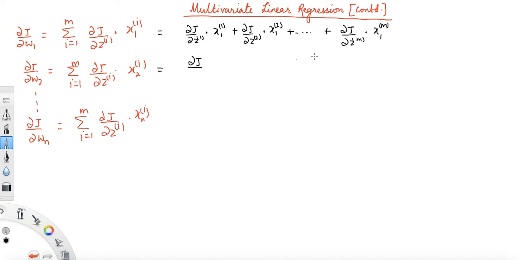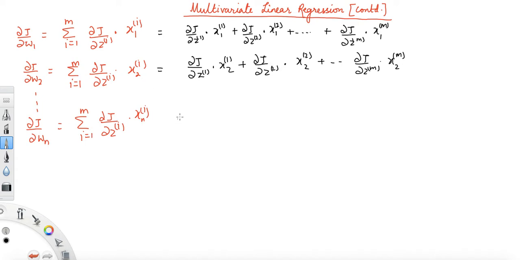Why am I writing this? Because we can think of it as a matrix multiplication of one vector with a matrix, which we are going to discuss now. Del z over del z1 times x1 plus del z over del z2 times x2 plus so on, del z over del zm times xm, and 2 here for this 2 subscript.